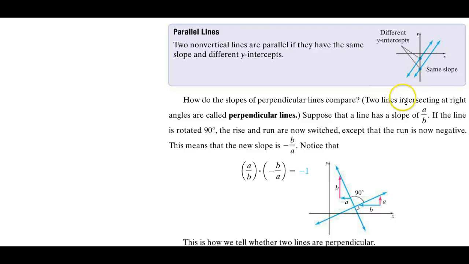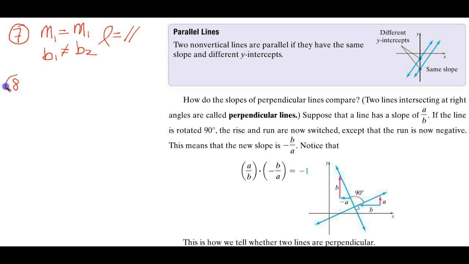So let's just quickly review the rules for this. Hint number 7 is if the slope of one equation is equal to the slope of another, but the y-intercepts are not equal, then the lines are parallel. This is the symbol for that.